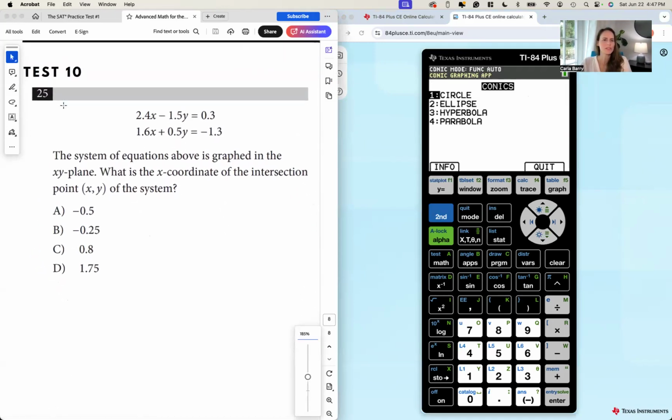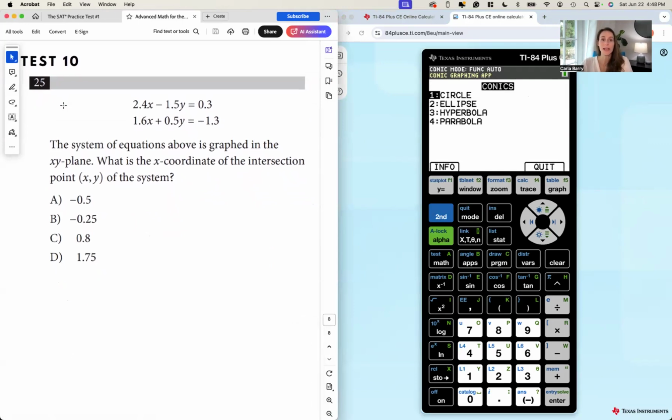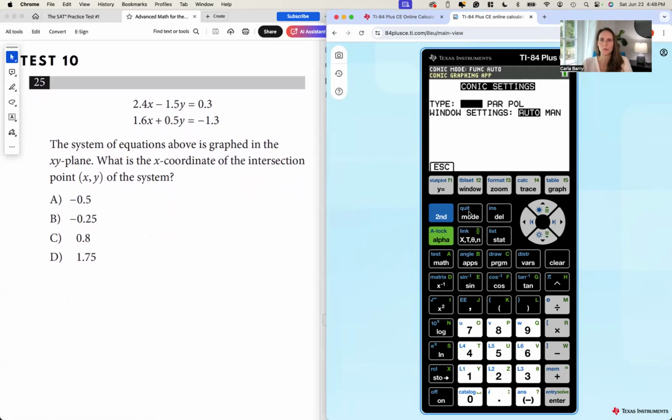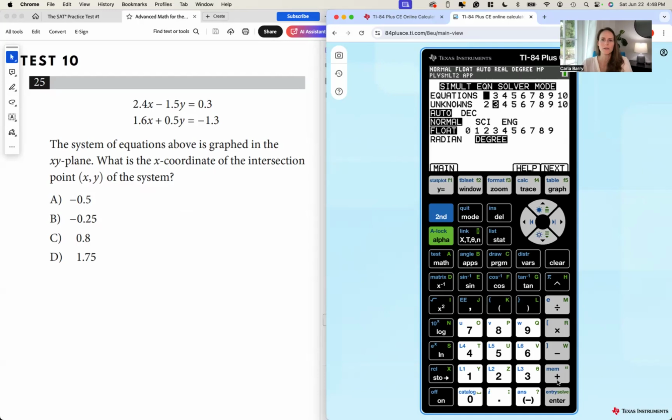The system of equations above is graphed in the XY plane. What is the x coordinate of the intersection point XY of the system? We're going to go to apps, and then Polysmlt, and then simultaneous equation solver. 2 equations, 2 unknowns.